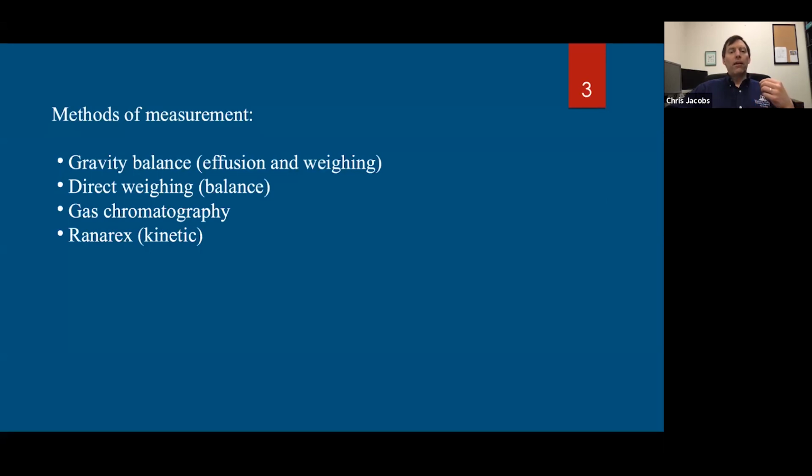So not only do we know what components are in the gas sample, we know exactly what percentage of each of those components makes up the gas sample. The theoretical specific gravity would be the sum of the specific gravities of each component, which are known, multiplied by the mole percentage of that component.